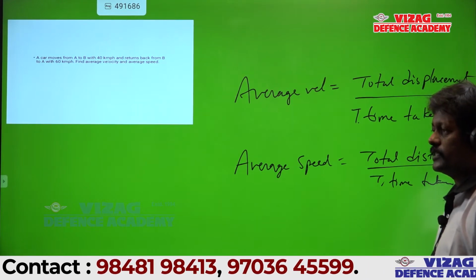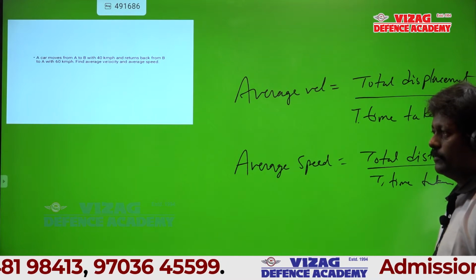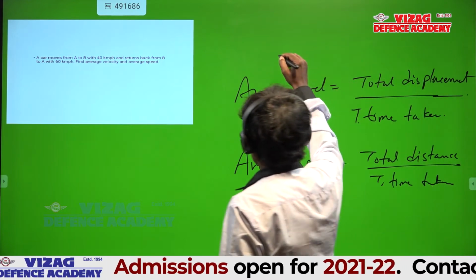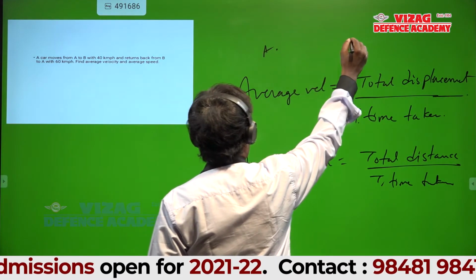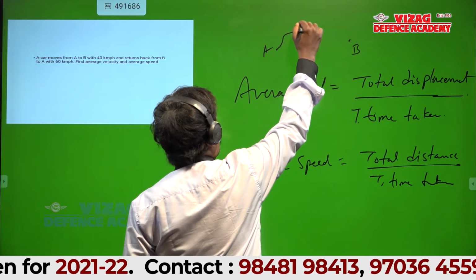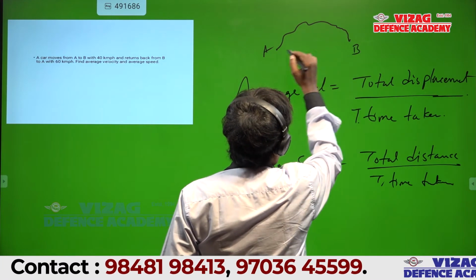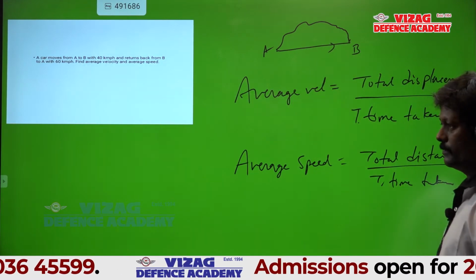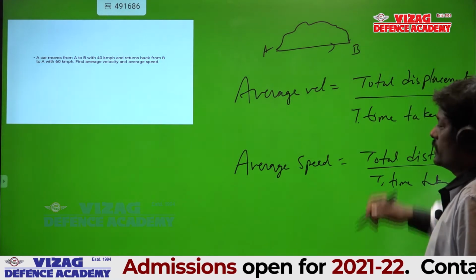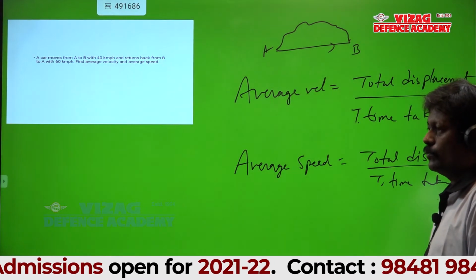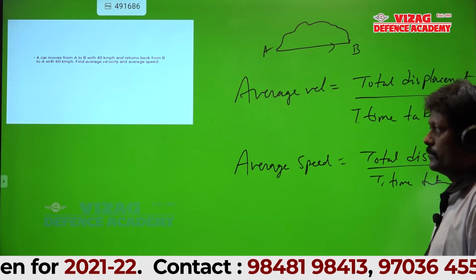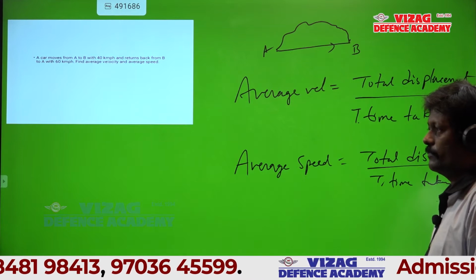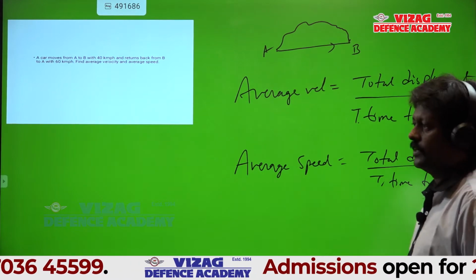Displacement is nothing but the shortest length of the path from initial to final position. Suppose you go from A to B. You can go like this, or you can go in a straight line. That straight line path is the displacement. That curved path is the distance. If you have to go from home to school, you will go via distance.